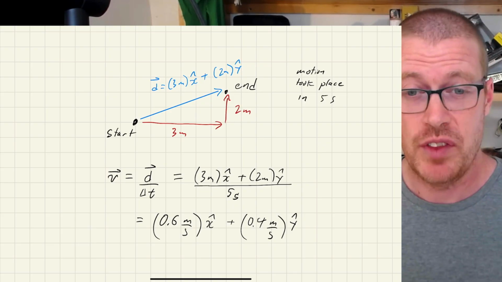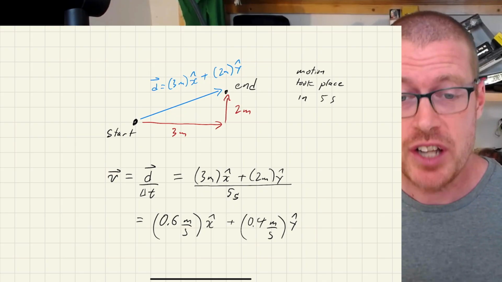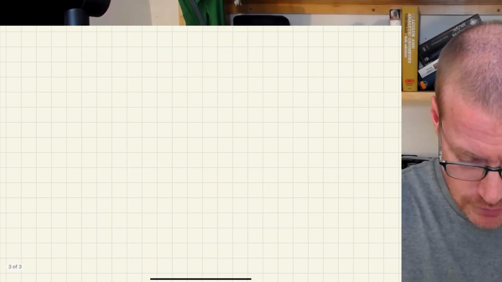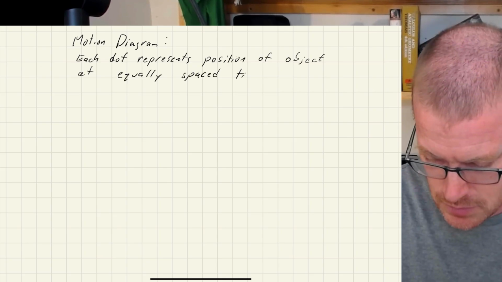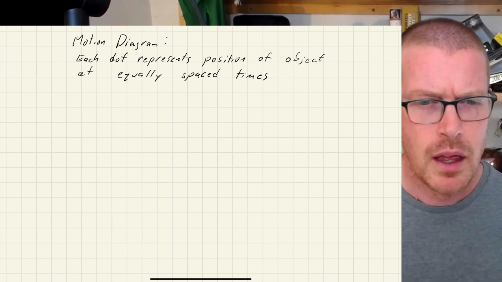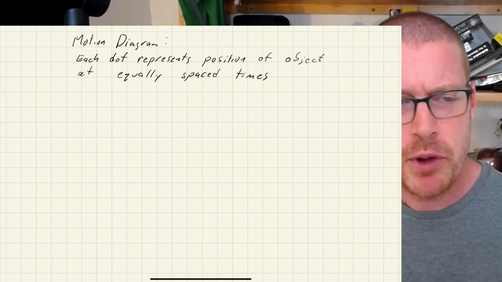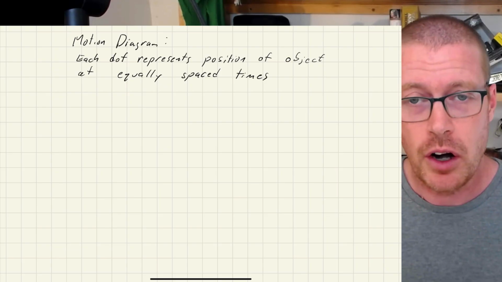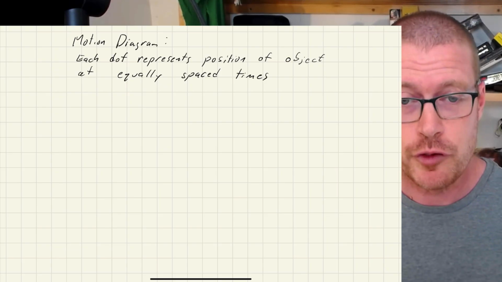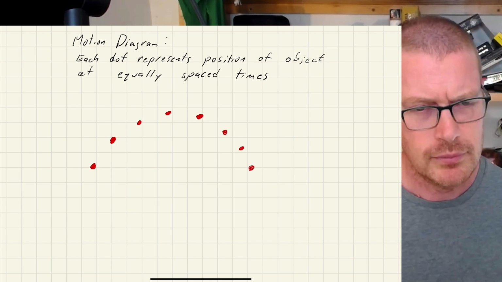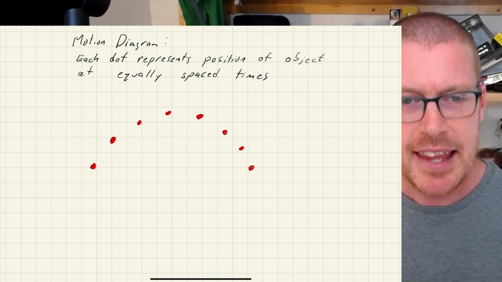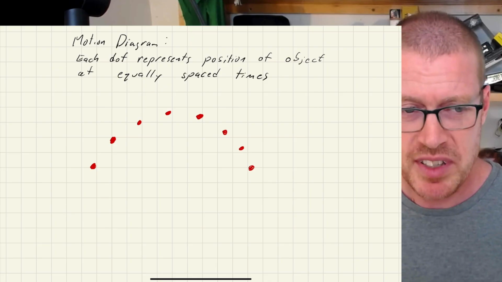Another application of this is to look at a motion diagram or a strobe diagram. Take, for example, a strobe diagram representing a car moving along a curved road. Let me label these by the times.